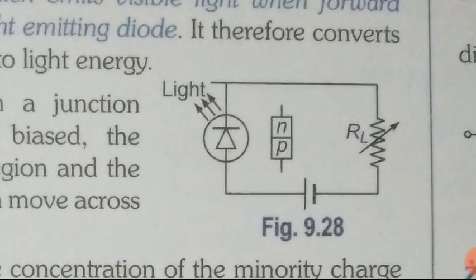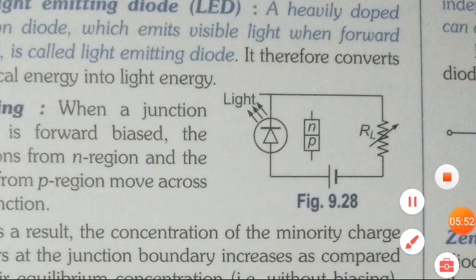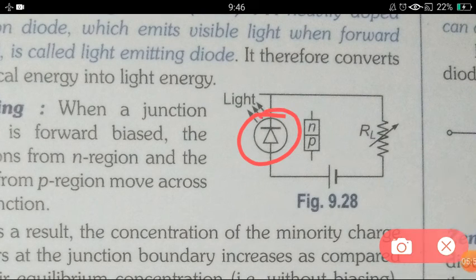Here you can see the diagram. In this diagram, this is one PN junction diode enclosed in a glass casing. Why is glass there? So that the light can easily pass through the glass and come out. This PN junction is connected to a power source, which can be a battery or any electrical supply system.